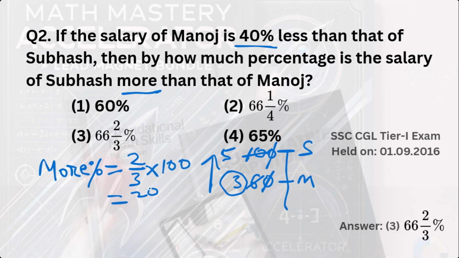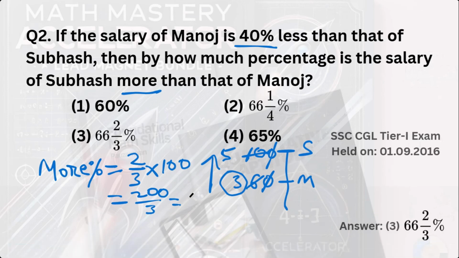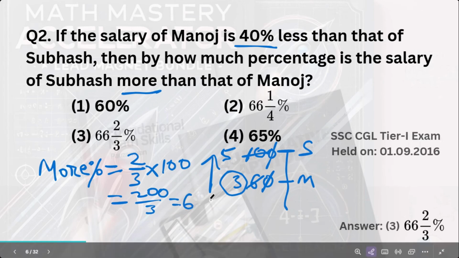When 200 is divided by 3, the answer is 66.6.